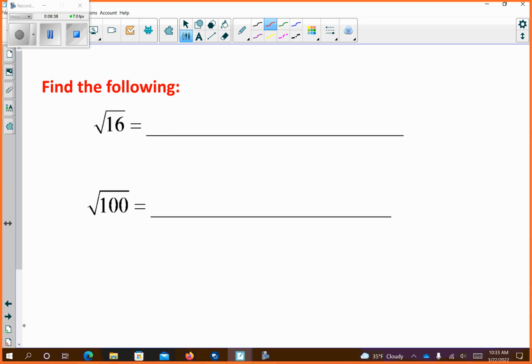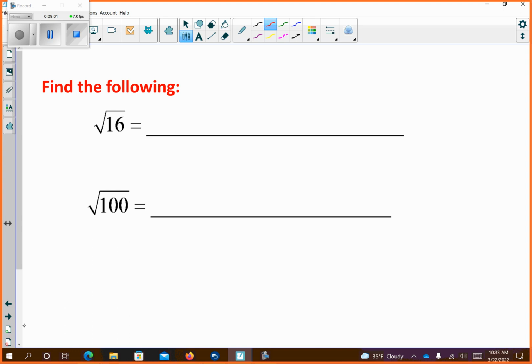So I want to think about this for a minute. I think most of us could probably look at square root of 16 and say the answer is 4. Agree? Does that make sense? But let's investigate a little bit further why we could say that the square root of 16 is equal to 4.